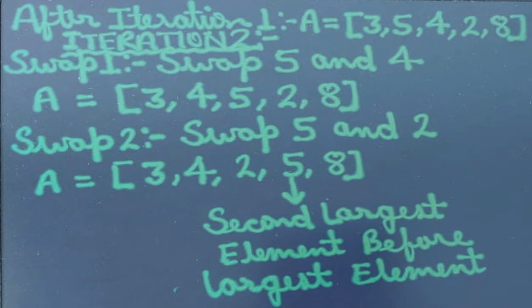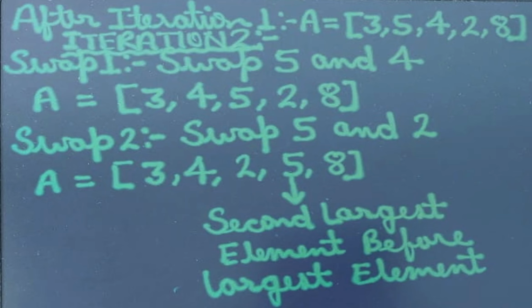And in the swap number 1, no need to swap elements 3 and 5 as they are in non-decreasing order. Then we will compare next pair of elements 5 and 4 and will swap them. After swapping 5 and 4, array A will become A equal to 3, 4, 5, 2 and 8.